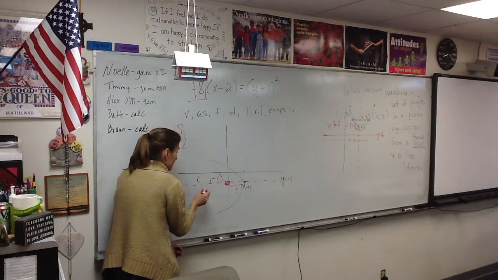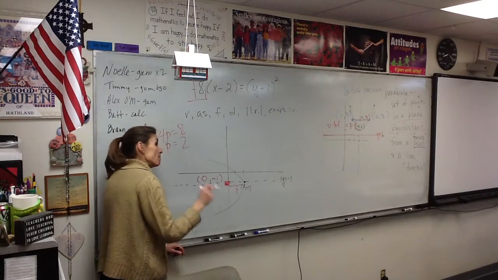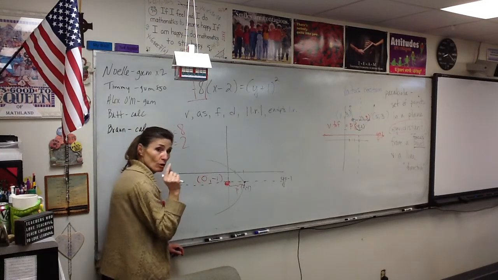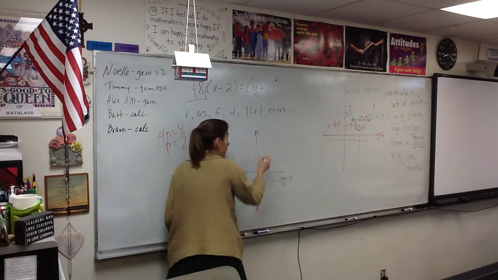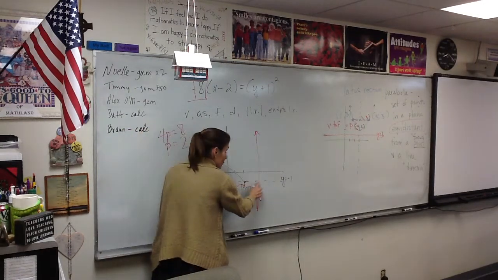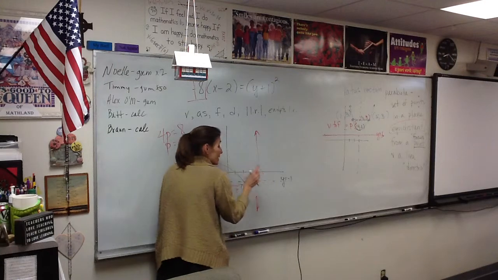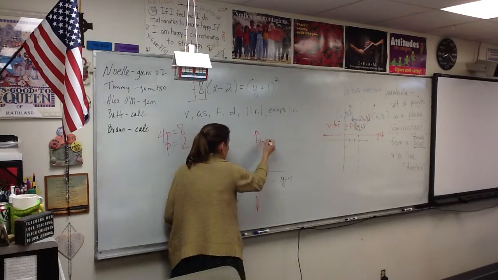So where will I be? 0. And if I backed up 2, I'll go forward 2 for my directrix, which is a line. And if I go forward 2, where will I be here? Okay, that point would be 4, -1, but remember, the directrix is a line. It's x equals 4.